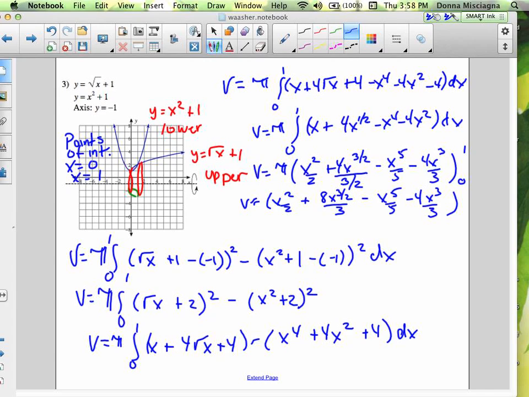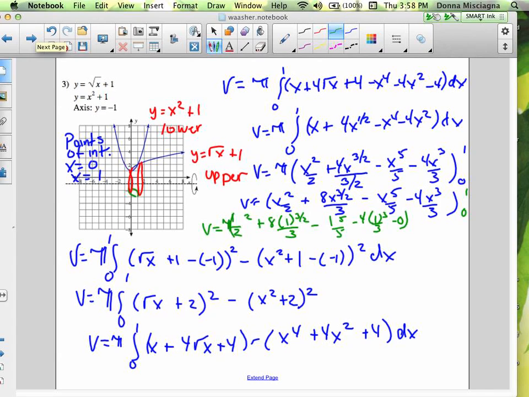So if I substitute in, I'll switch colors here, my volume is, and we forgot this here, 1 squared divided by 2 plus 8 times 1 to the 3/2 divided by 3 minus 1 to the 5th power divided by 5 minus 4 times 1 cubed divided by 3, and then if I plug in 0, that's just going to be 0, and that's all times pi.